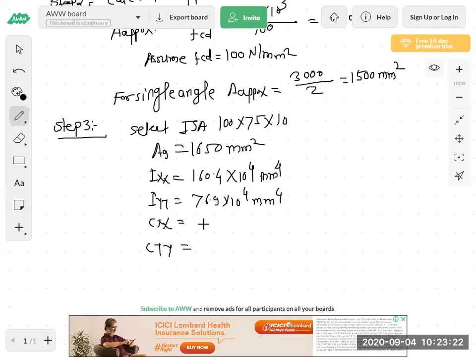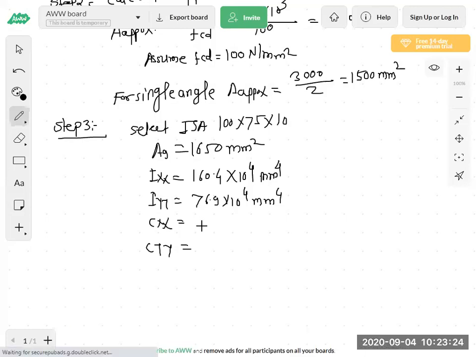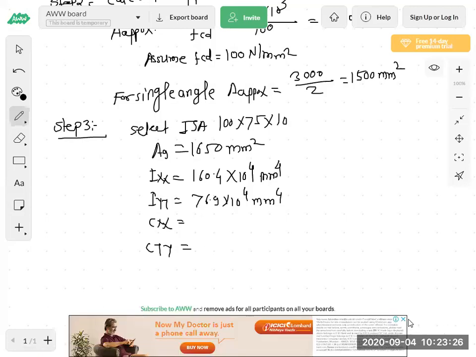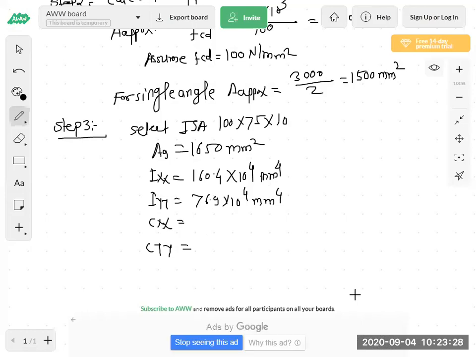CXX and CYY. CXX is 31.9 mm and CYY is 19.5 mm. Okay.